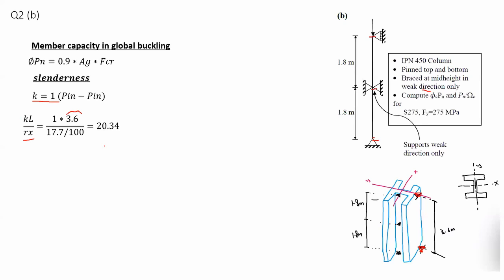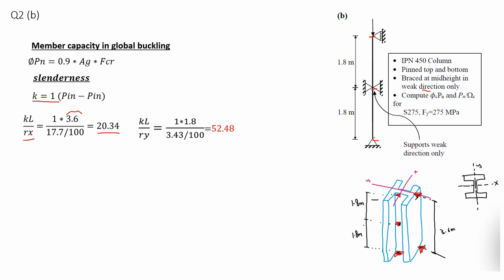So if you calculate this, you would obtain KL over Rx would be equal to 20.34. Now, if we check for the weak axis about the Y, now we have K equal to 1 again, but this time, since I'm considering the Y-axis, which is the weak one, I have a support here, I have a support there at mid-height and another support over here at the bottom.